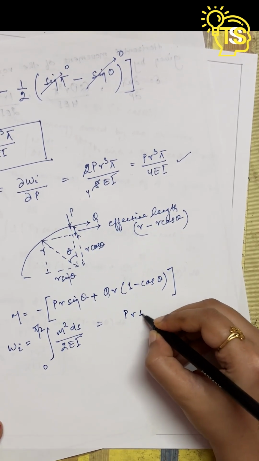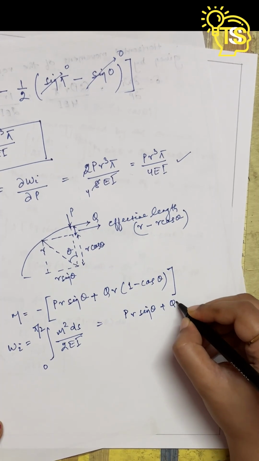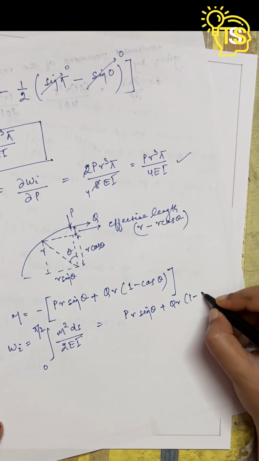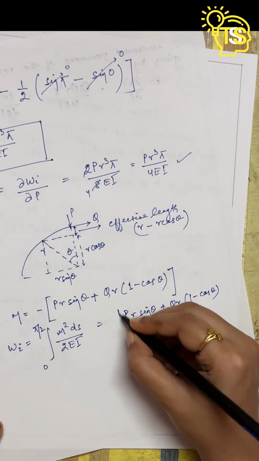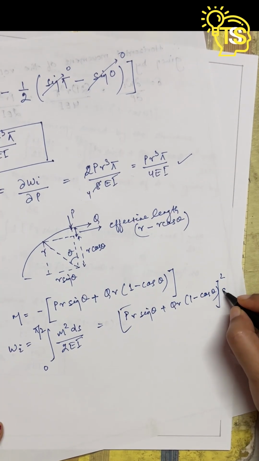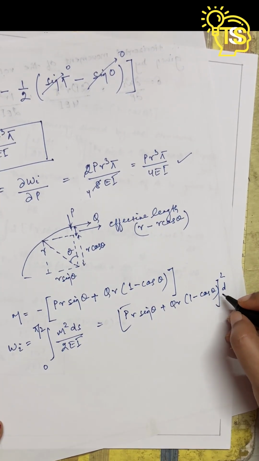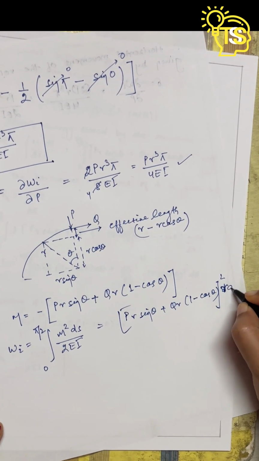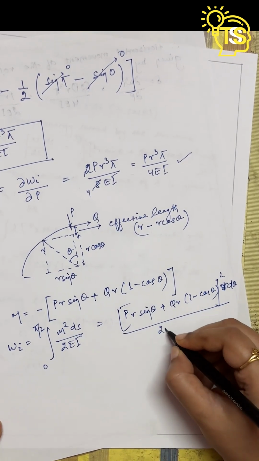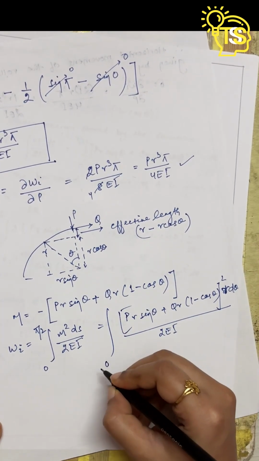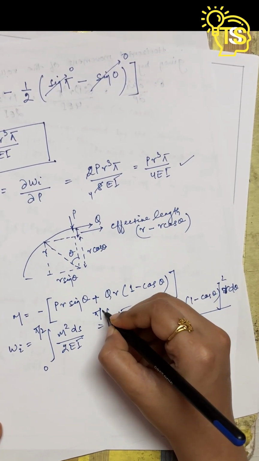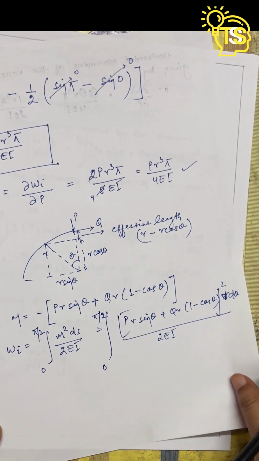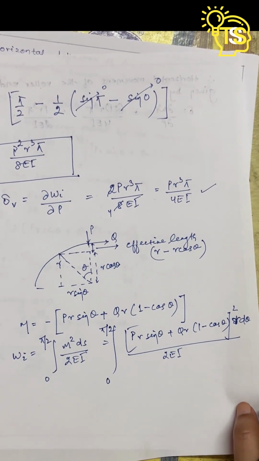We will get (PR sin theta plus QR (1 minus cos theta)) whole square. In place of ds we will write R d theta upon 2EI, integration from 0 to pi by 2. This is the strain energy we got.